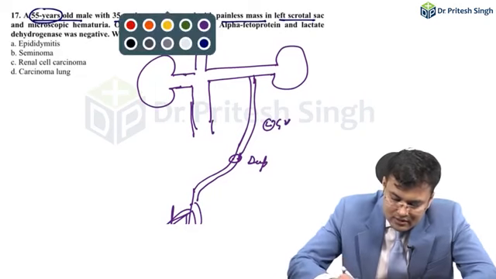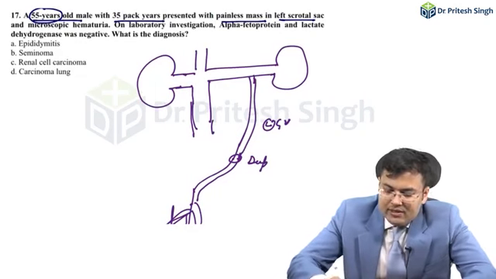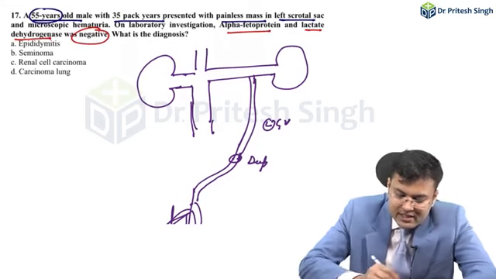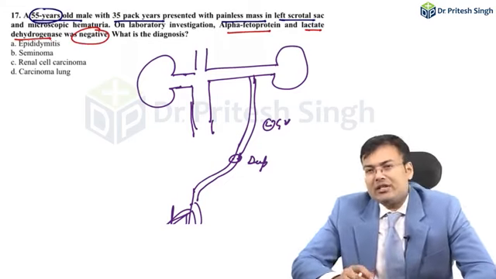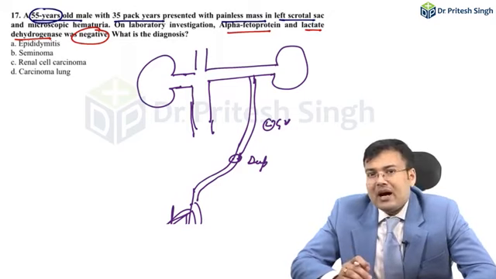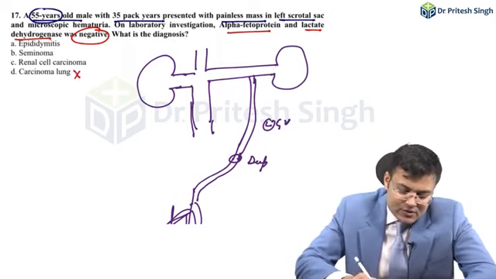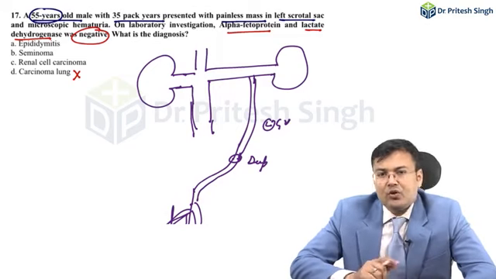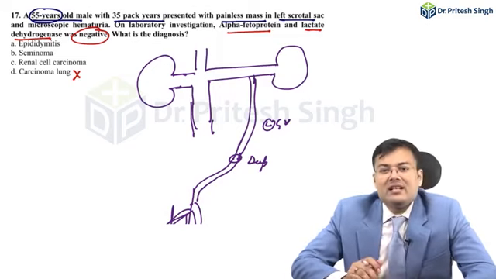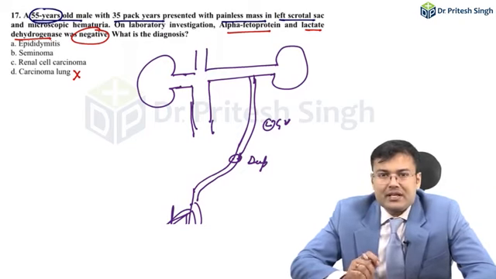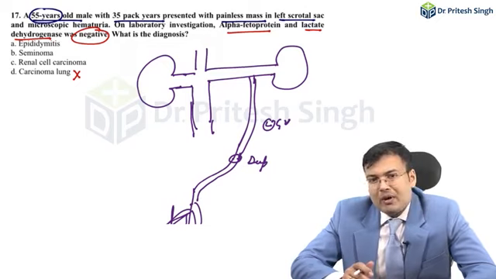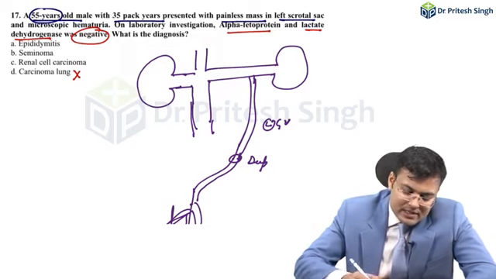Now, second clue, on laboratory investigation, alpha fetoprotein and lactate dehydrogenase were negative. What is the diagnosis? This question can be easily solved by the principle of exclusion. Carcinoma lung is ruled out because there are no lung related symptoms. Only one thing is in support, that is 35 pack years of cigarette smoking. Otherwise, no other history, no hemoptysis. So this is ruled out.